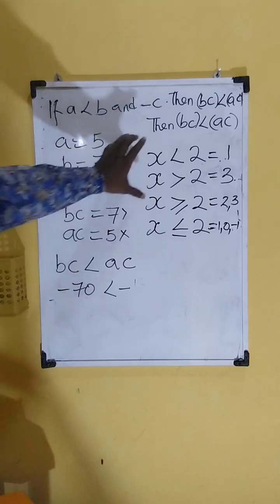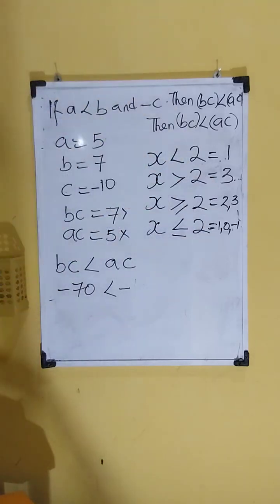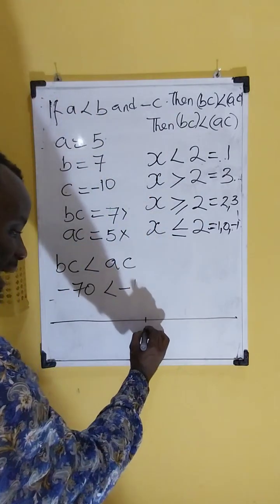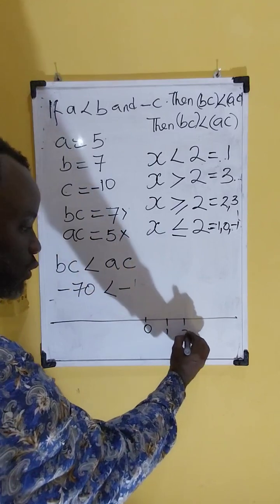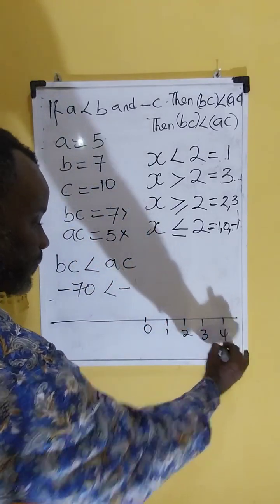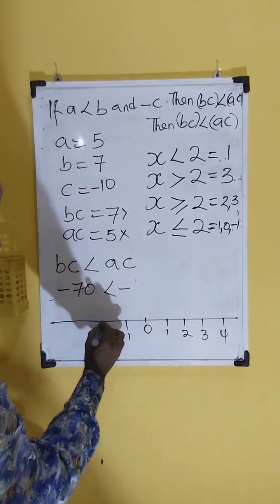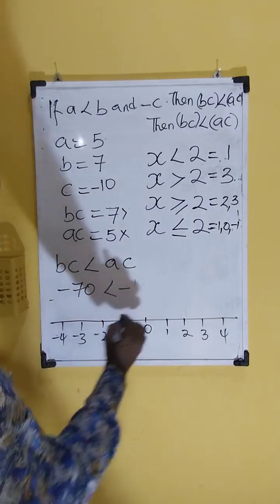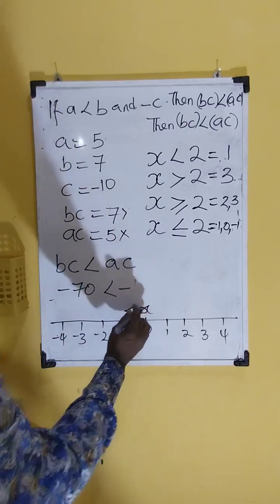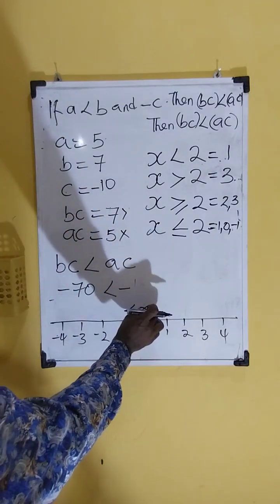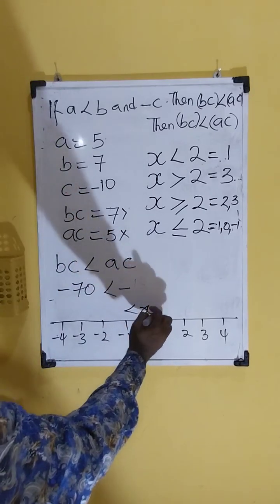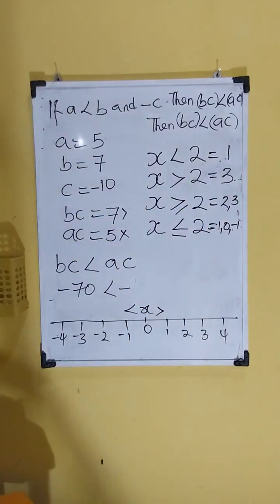Use this, and also the number line that I drew for you: 0, 1, 2, 3, 4, and here -1, -2, -3, -4. The value of x is less than anything to its right, and greater than whatever is to its left.